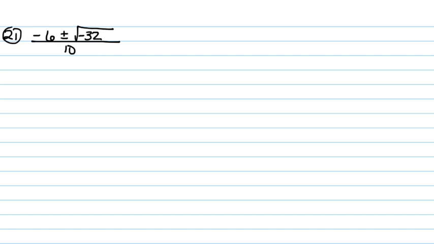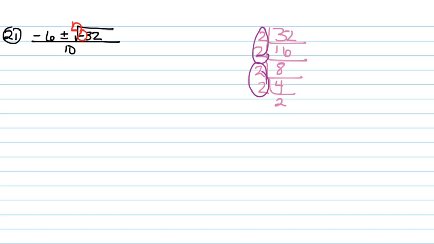On this one, I need to simplify the 32. The negative is going to come out as an i. The 32, I need to divide by 2. Gives me 16. Divided by 2 gives me 8. Divided by 2 gives me 4. Divided by 2 gives me 2. That tells me I have a set of 2's, another set of 2's to come out, as well as the i. Let's write down everything else. Negative 6 plus or minus, and we have 4 plus the i that came out on the square root of what was left behind, which was 2.